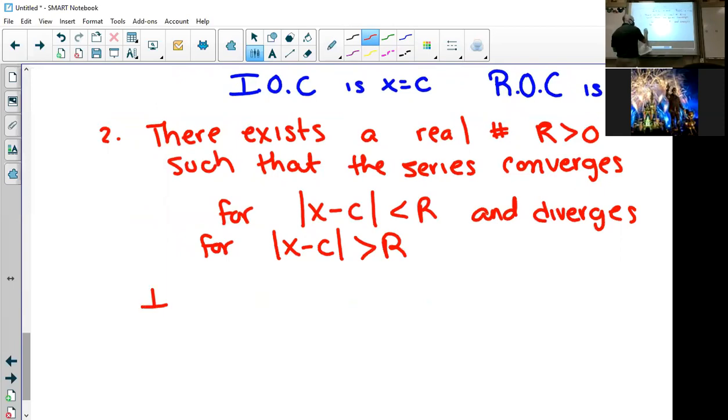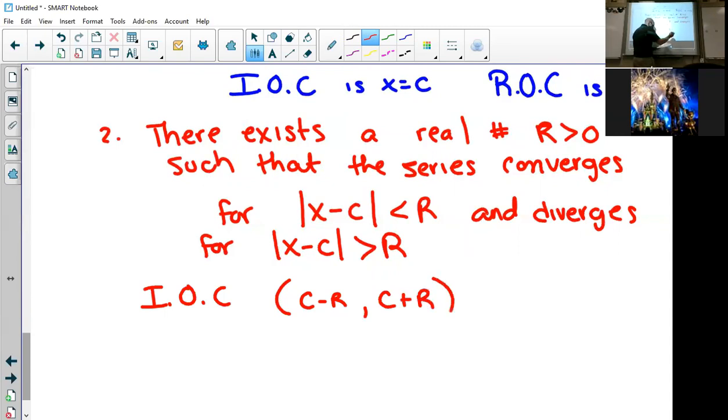In this particular case, our interval of convergence is actually going to be that interval. It's going to be c minus r, comma, c plus r. And our radius of convergence is going to be r equals some number. There's going to be a value actually associated with it.